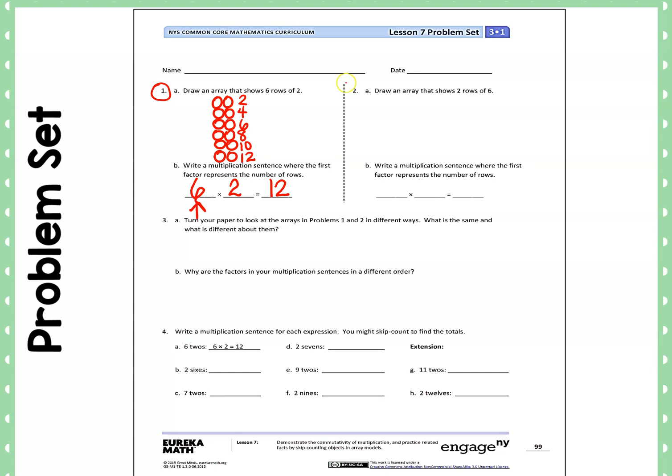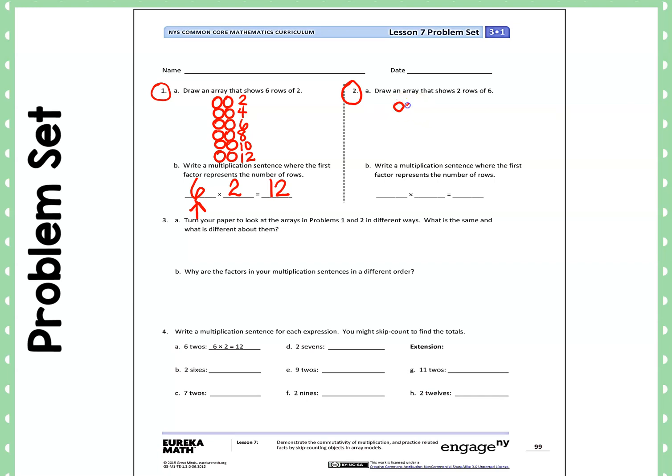Let's go ahead and look at number 2. Okay, number 2 says, draw an array that shows 2 rows of 6. Okay, so we had 6 rows of 2 over here. Over here, we're doing 2 rows of 6. Do you think they'll look the same? Let's see. So 2 rows of 6.